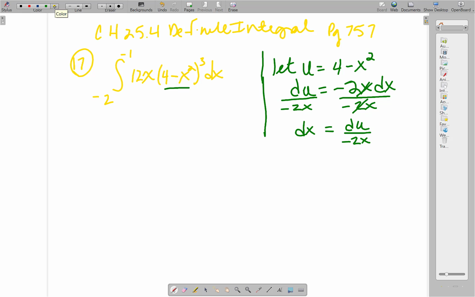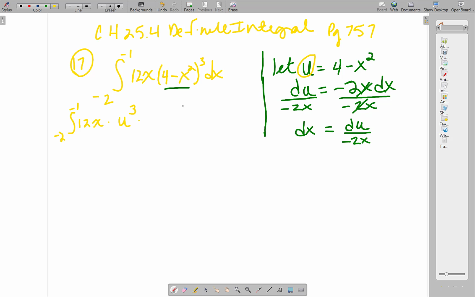So now I want to rewrite this problem. I have from -2 to -1, 12x, but in place of 4 minus x squared, I'm going to put u. So I have 12x times u to the third power times dx.